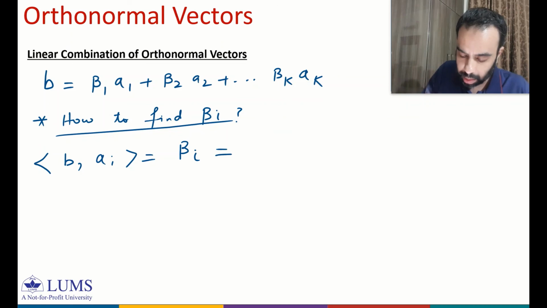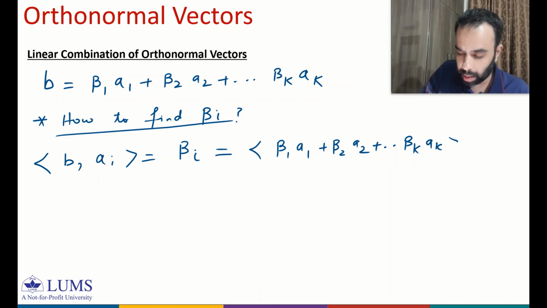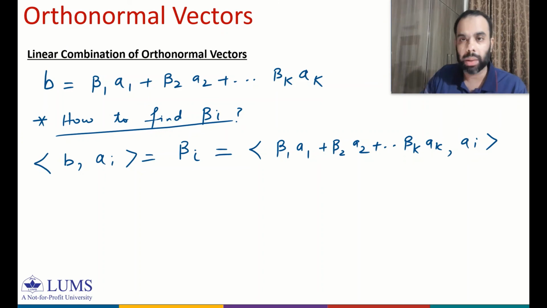Okay, to show this, let me substitute this representation of b here in the inner product definition. I can write beta 1 a1 plus beta 2 a2 plus beta k ak, and you take inner product of this with, say, ai. What you get is beta 1 a1 transpose ai plus beta 2 a2 transpose ai, and so on and so forth.